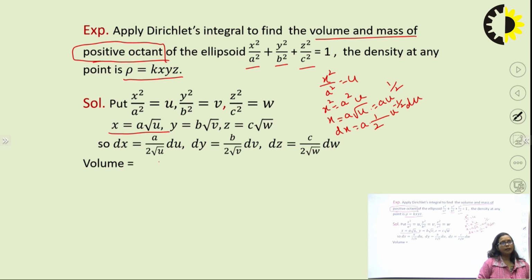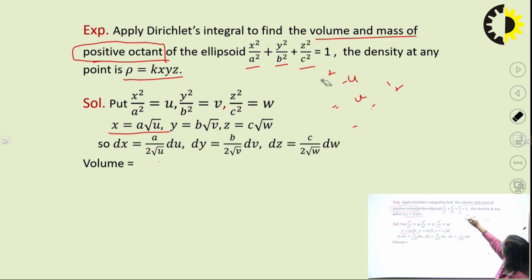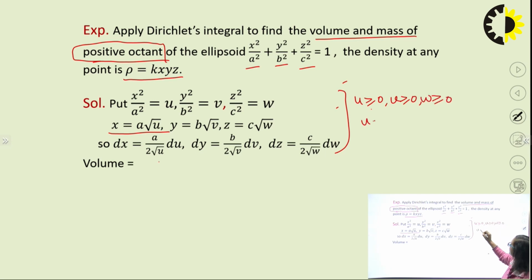So after converting x, y, z to the new variables u, v, w, and dx, dy, dz to du, dv, dw, look at the domain which we are now getting in terms of u, v, w. I get u greater than or equal to 0, v greater than or equal to 0, w also greater than or equal to 0, and u plus v plus w less than or equal to 1.